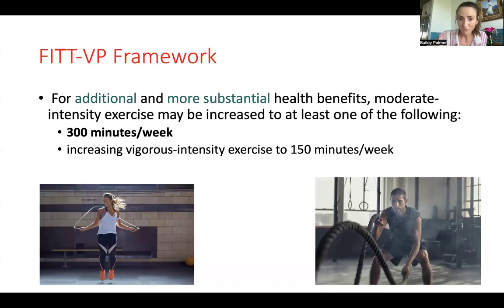Or increase the vigorous intensity exercise to 150 minutes. So basically doubling what you had done, okay? That will help with weight loss, with an improvement in cardiorespiratory function, and improvement in muscular fitness. Just doing the 150 minutes a week of moderate, that's maintenance. When we double it, that is for additional, more substantial benefits, okay?